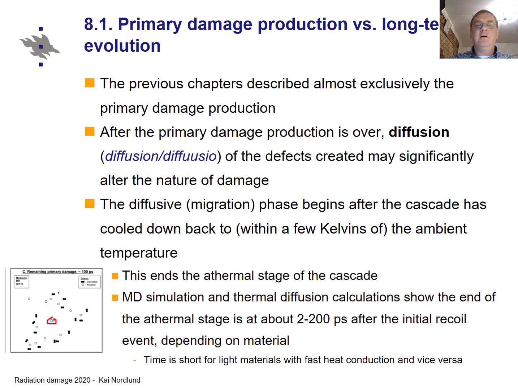If there is a vacancy nearby, it's very likely it will find the vacancy, recombine with the vacancy, and then instead of having a vacancy and an interstitial, you are left with no damage at all from this pair, and so on. So you realize that the outcome may be dramatically affected by this longer term migration. It's not always. Sometimes the long time scale effects are surprisingly small, and we'll also mention examples of that.